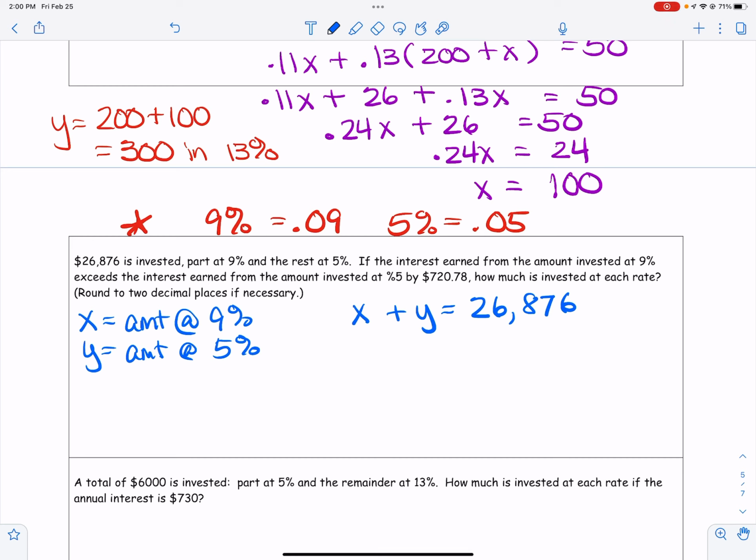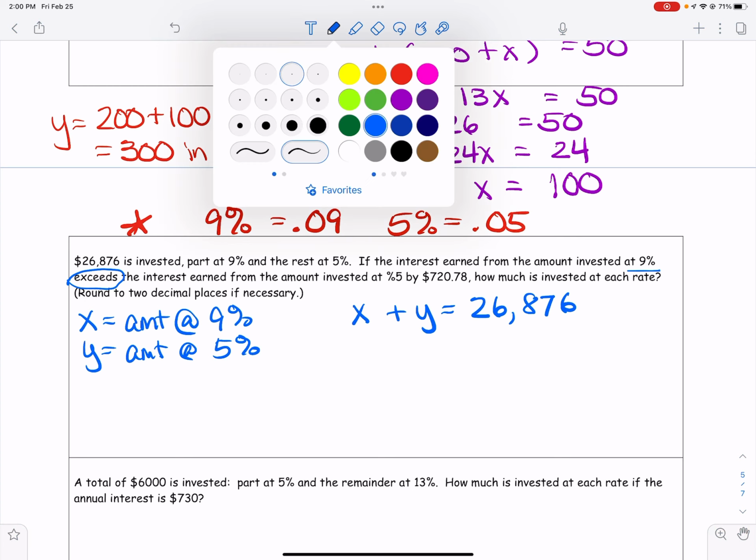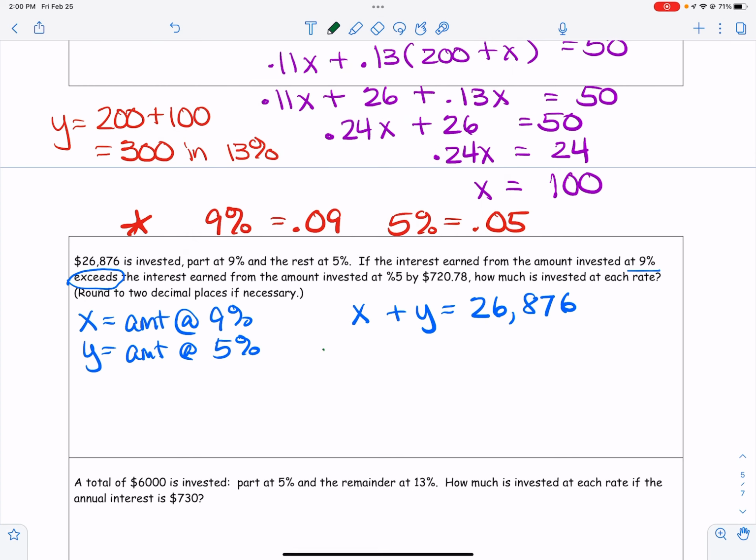Now, the next part is a little bit tricky because it says the amount that she invested at 9% exceeds the interest amount that she earned at the 5% account. The way we're going to write that equation is like this: the amount at the 9% account is going to be the 5% amount plus, because exceeds, $720.78.